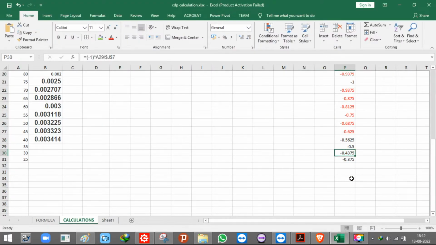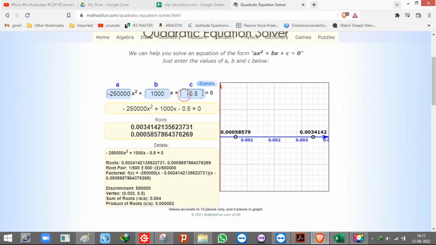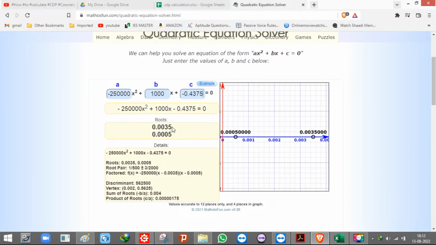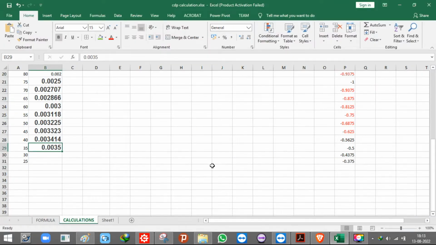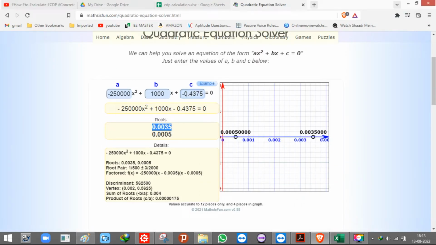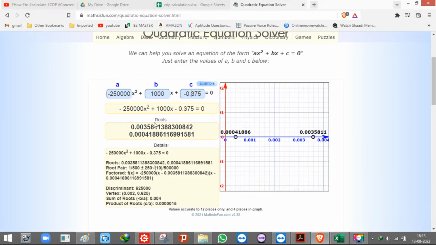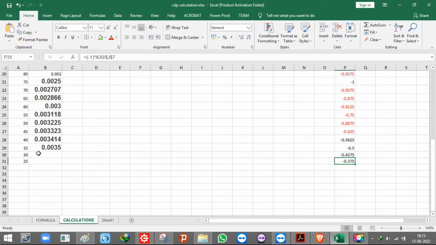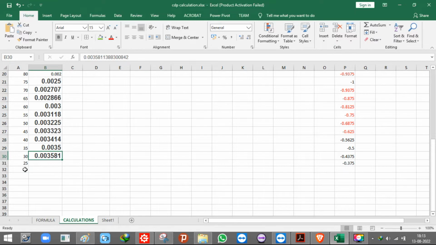For 4375, and for 375, this is the data. If you want, you can go for M25 also, but I'll not go. No, just leave this data.